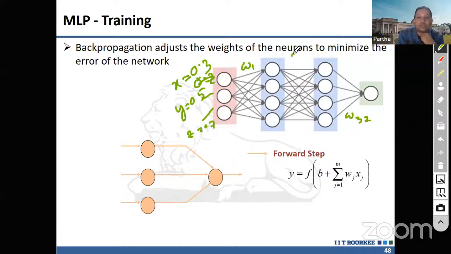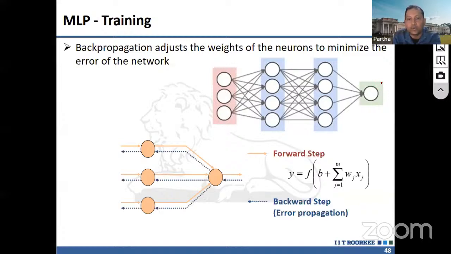Let us consider that we are using the sigmoid activation function. We multiply them, apply the sigmoid function, and get the output. This is the forward step: simply multiplications with these weights and using the activation functions, we get to the outcome.